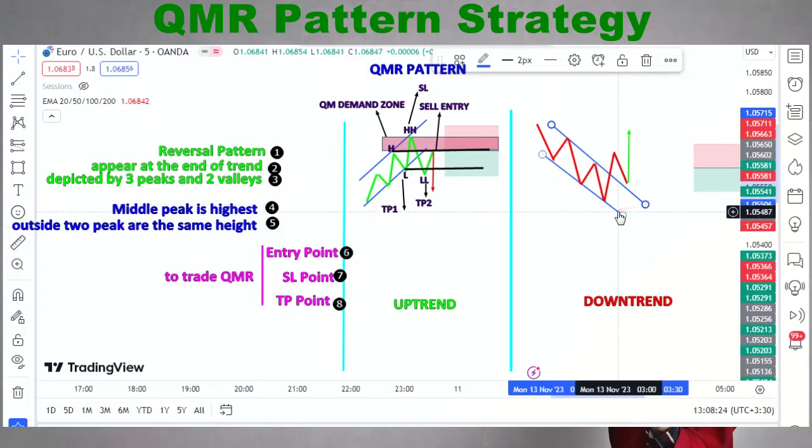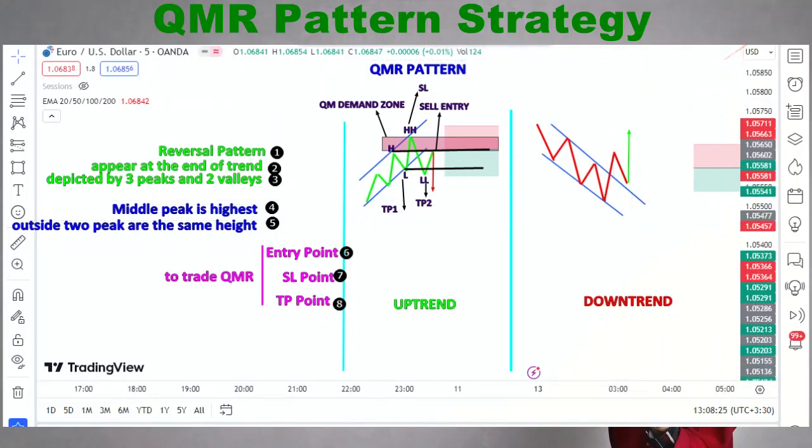Here is the final low in the downtrend, and this is the final high in the trend.